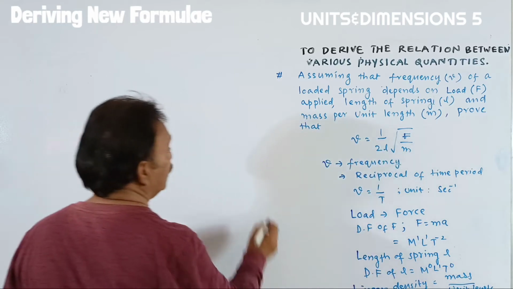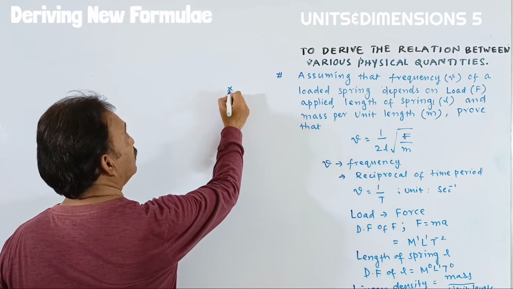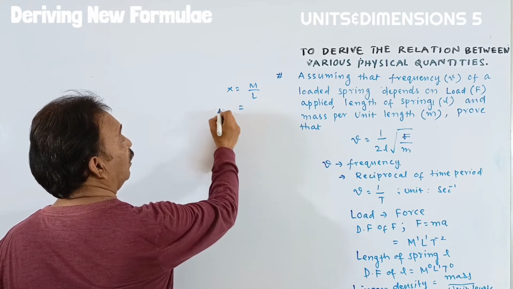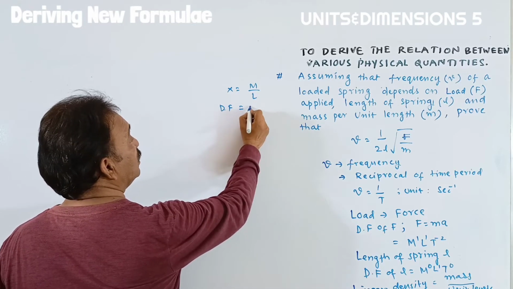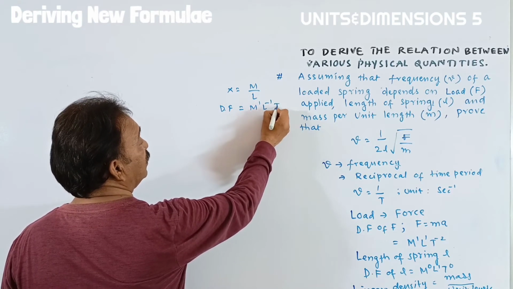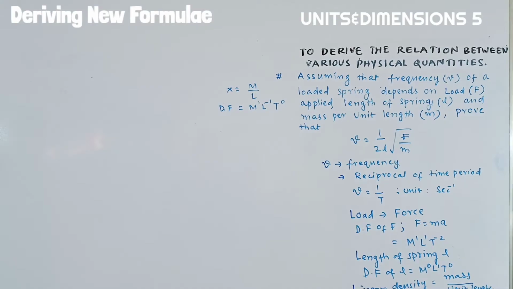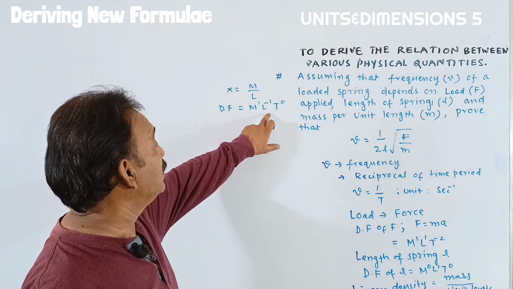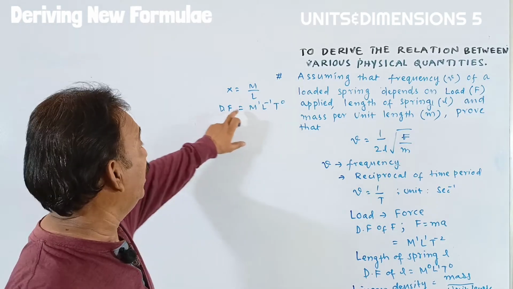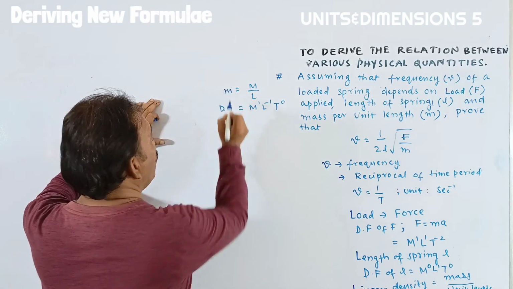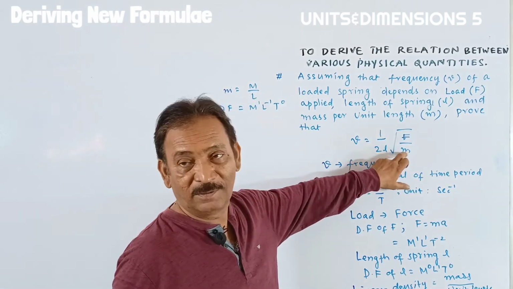If we say linear density is m, it is mass per length, and the dimensional formula is M^1 L^-1 T^0. Okay, students, here we have the dimensional formula of linear density. I am taking linear density as small m, that's why we use m here.